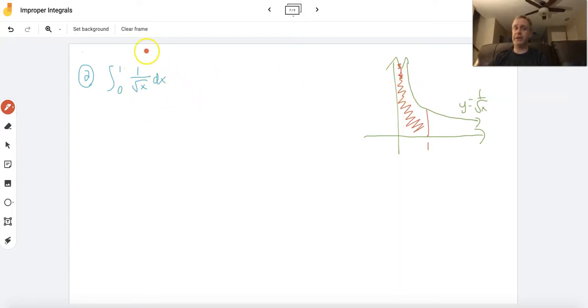This is definitely an improper integral, and now we will evaluate it in the same manner as we did all the other prior improper integrals.